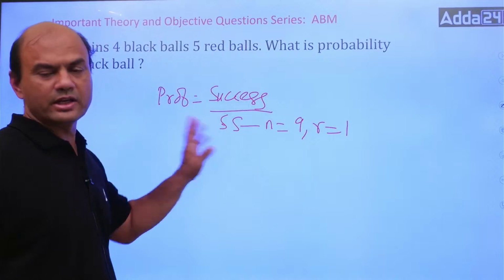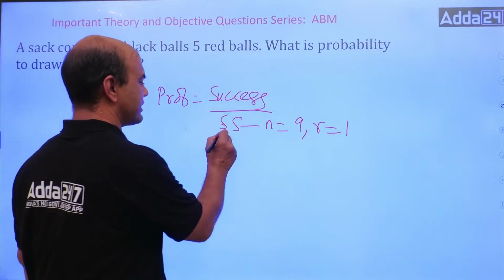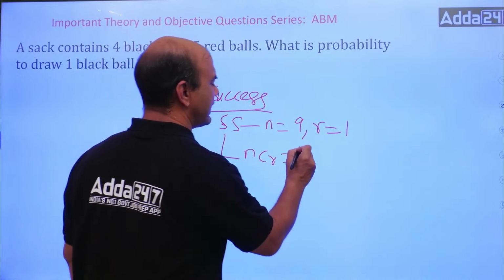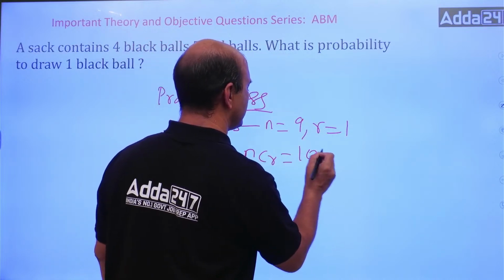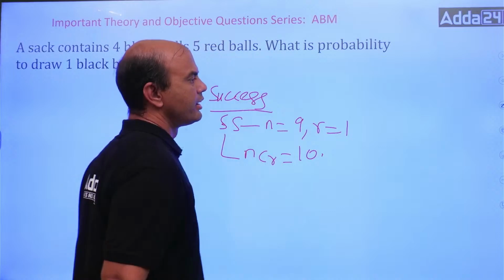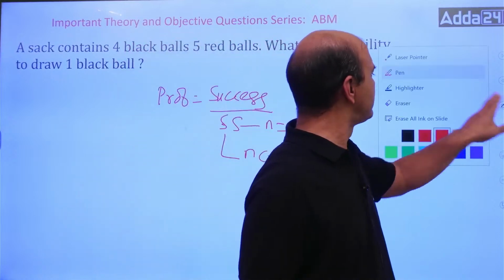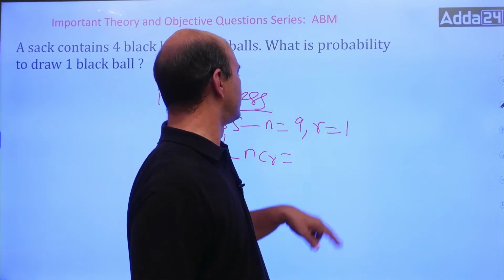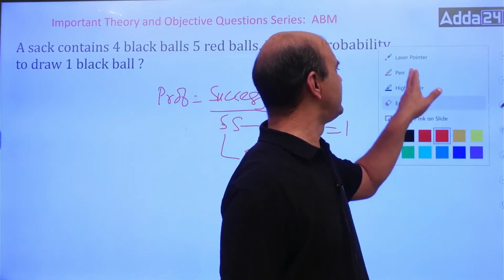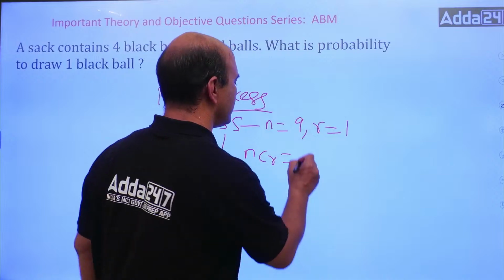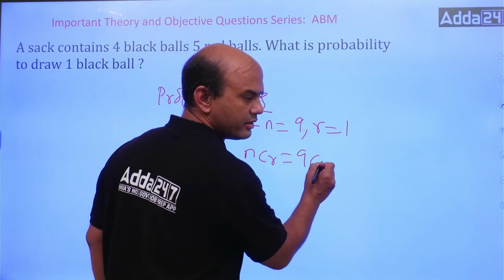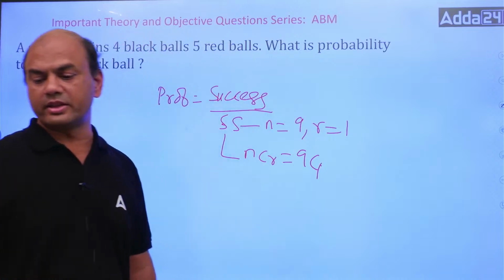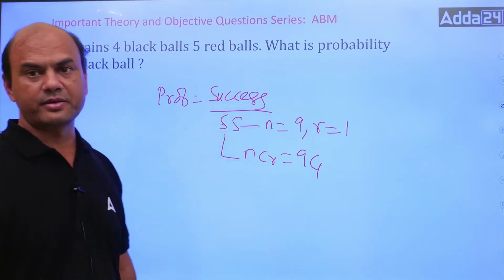So you got NCR for this. So find out NCR. That is 9C1, correct? Seeing this? 9C1. Now what about the success numerator?